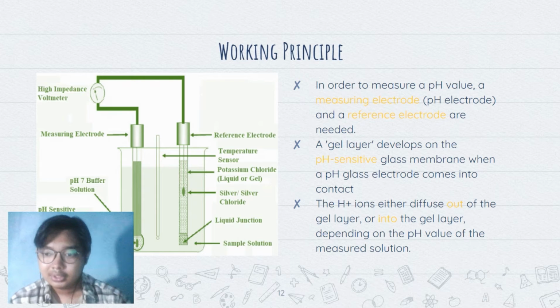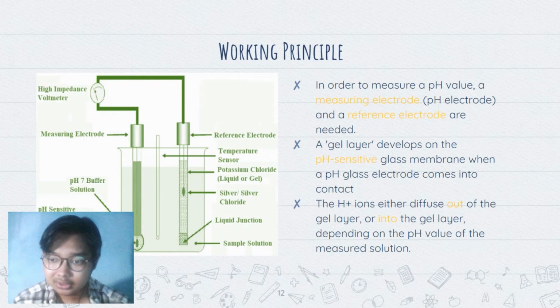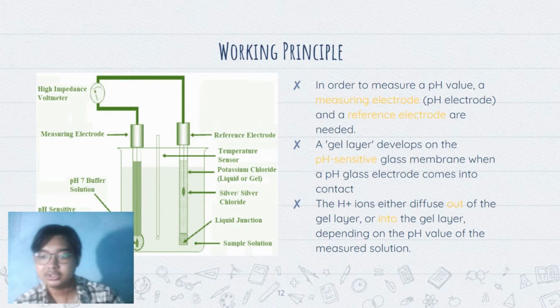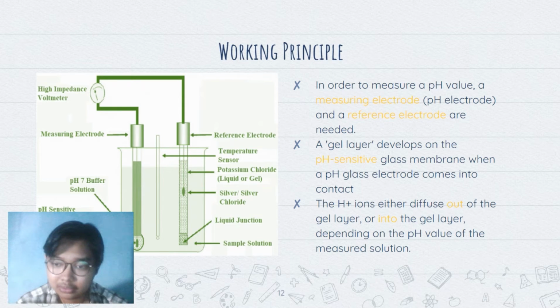In the case of an alkaline solution, the hydrogen ions diffuse out and a negative charge is established on the outer side of the gel layer.